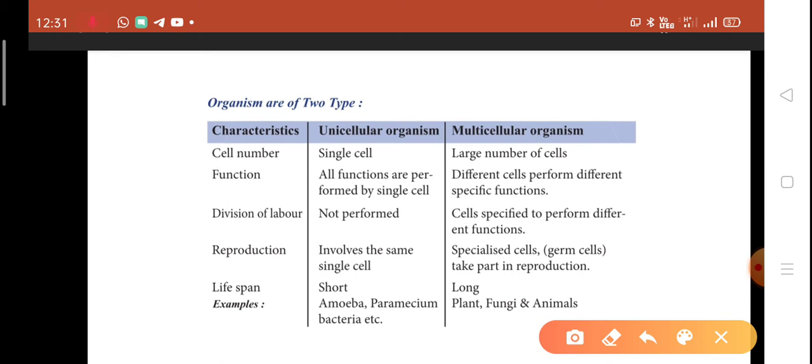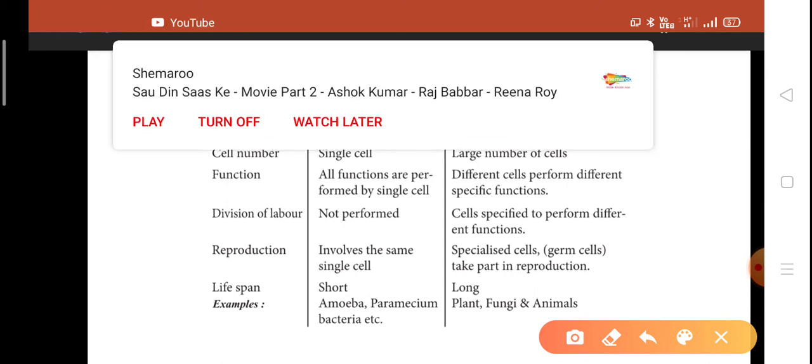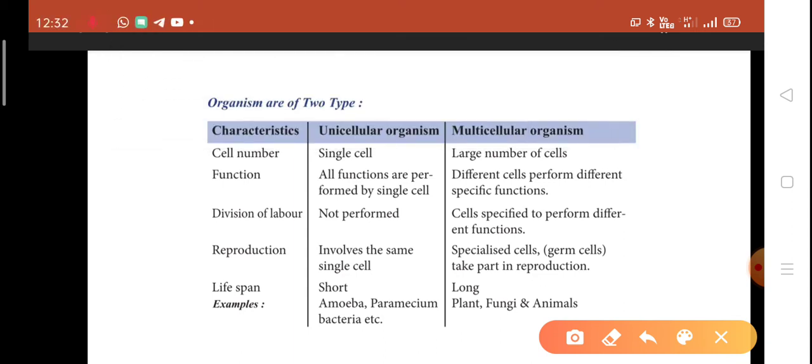Function: what function does a unicellular organism do? All functions are performed by the single cell, like an amoeba. Only the amoeba performs capturing food, digesting food, respiration, excretion, growing, etc. All things are done by only one single cell.